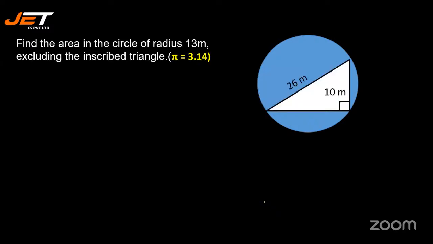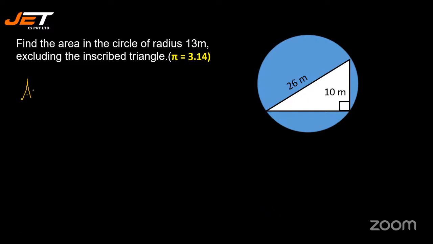Find the area in the circle of radius 13 meter, excluding the inscribed triangle. Right? So what should we do? Find the area of the circle, excluding the triangle. So find out the area of the circle minus area of the triangle. Okay.